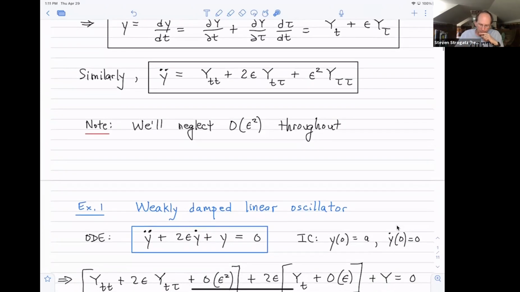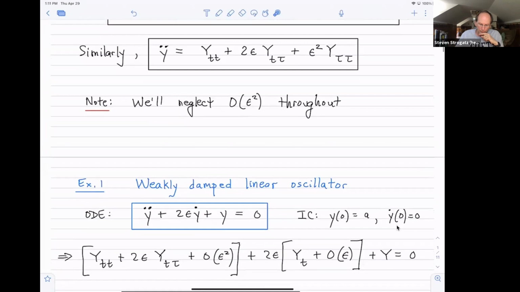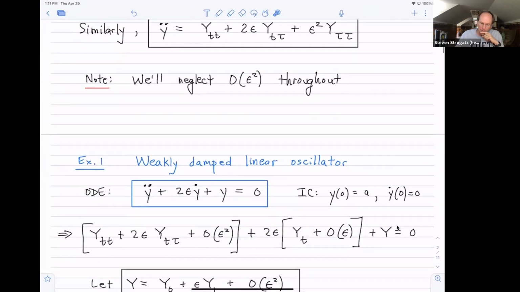And now using this approach with the 2 timing, I can replace my second derivative with this expression that I had written above for the second derivative. And I'm just going to, as I say, neglect the order epsilon squared term. So there I'm just copying from up here. And then I do the same thing for the first derivative.